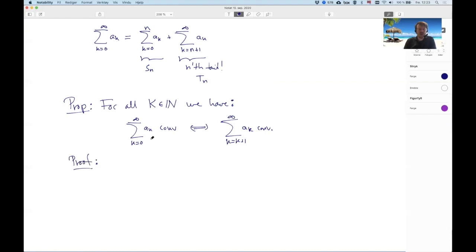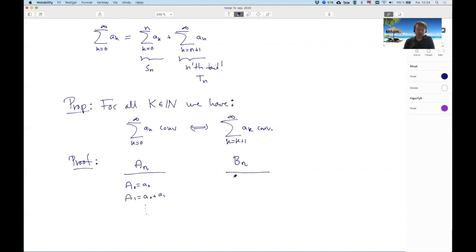So proof, well, let's express the partial sums involved here. So the partial sums of this guy, let's call them ANs. And let's call the partial sums of these guys BNs. And now, in order for the proof to look pretty, to be easy to express, we're going to define these in a slightly special way, in such a way that A0 is a0, A1 is a0 plus a1, so nothing special here.